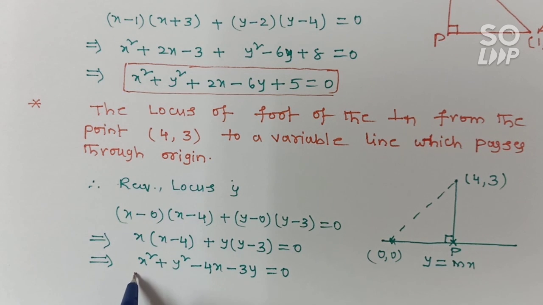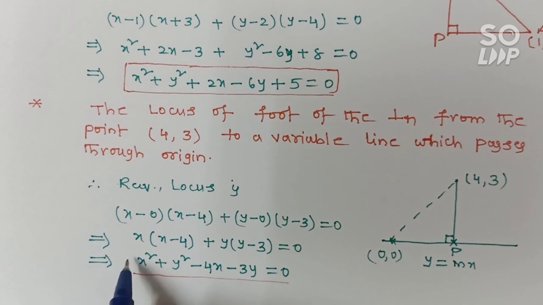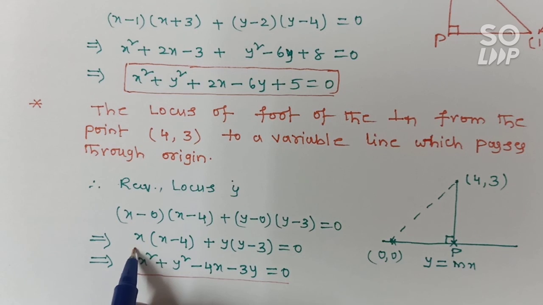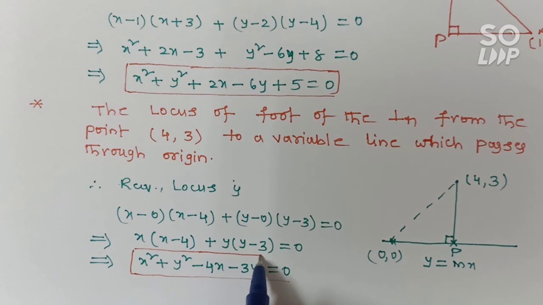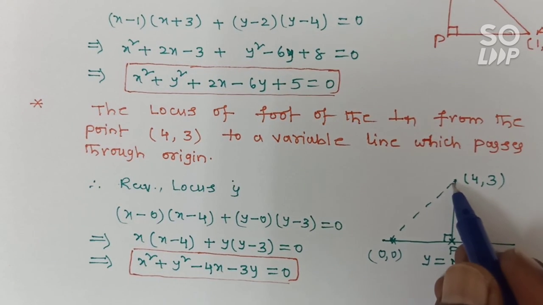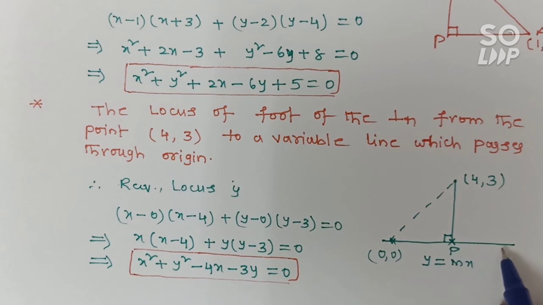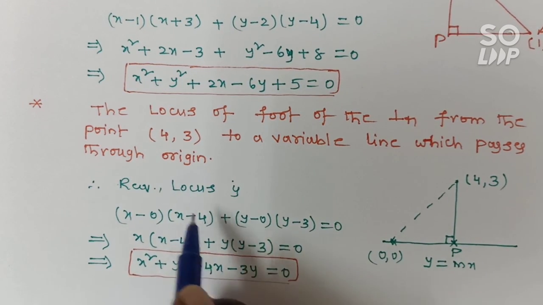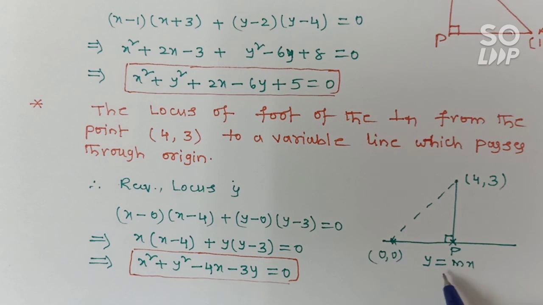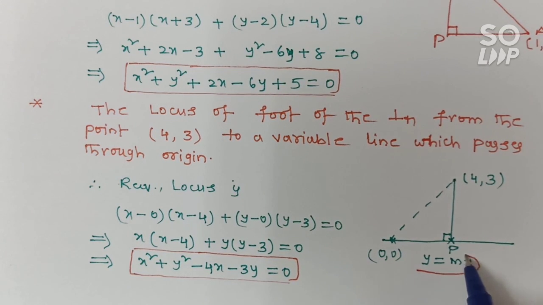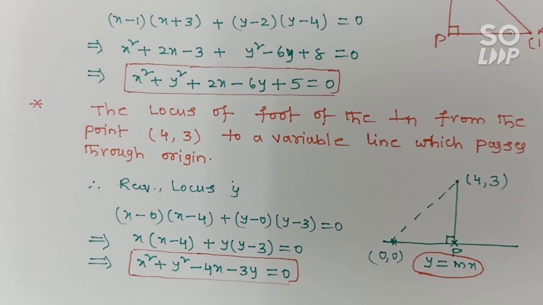Generally, most of the students will not get this thought. They will only draw the figure from this point to this variable line, a line passing through the origin, whose general form is y is equal to mx.